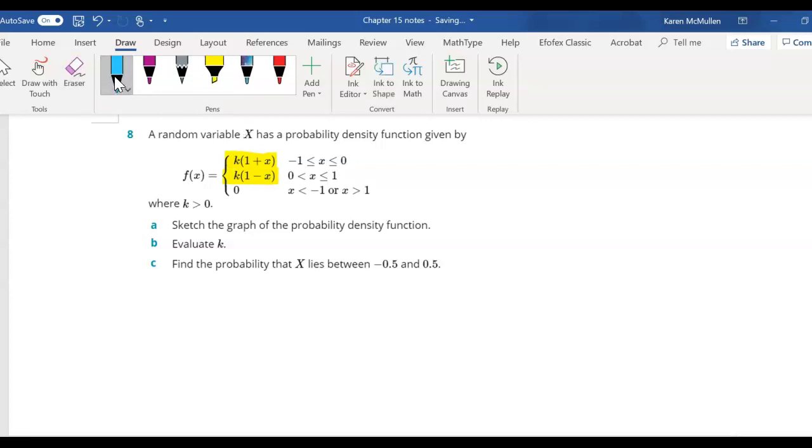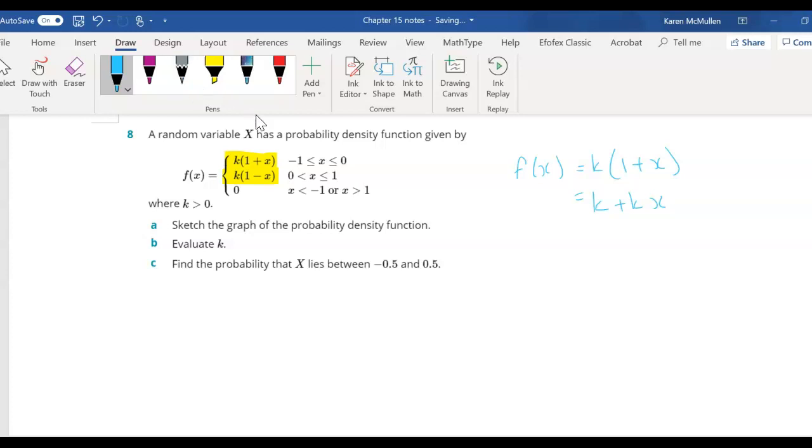So if we were to expand that, f of x equals k times 1 plus x, I get k plus kx. All right, so it's just a linear graph with a gradient of k and a y-intercept of k.